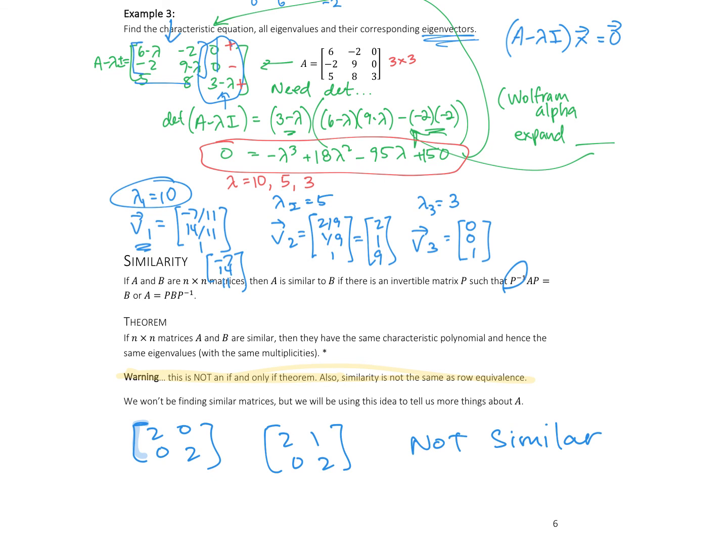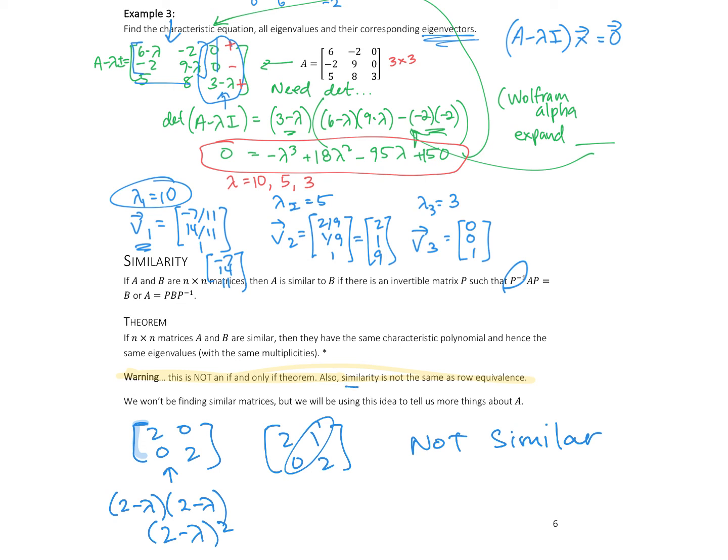This first one turns out to be 2 times the identity, which kind of screws things up, but each of these has the characteristic polynomial of 2 minus lambda times 2 minus lambda, or 2 minus lambda squared, in both cases, because on the off-diagonal the product is 0. So just showing that they have the same characteristic polynomial doesn't mean that they're similar. But if they are similar, then I know they have the same characteristic polynomial. This is a one-way street, guys.